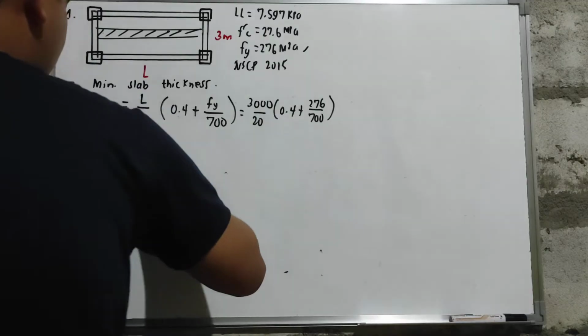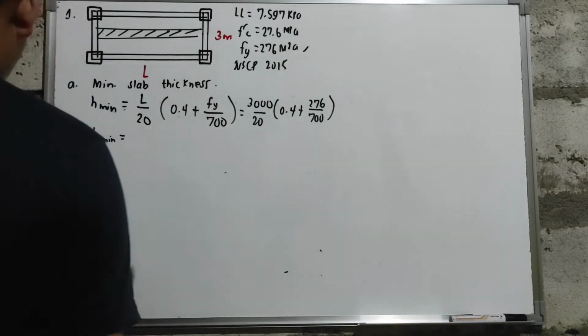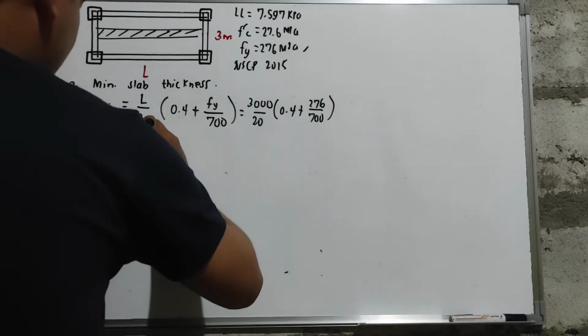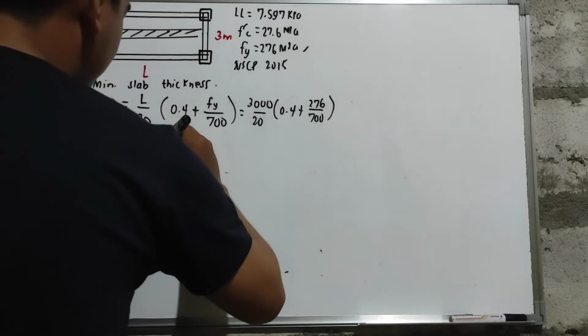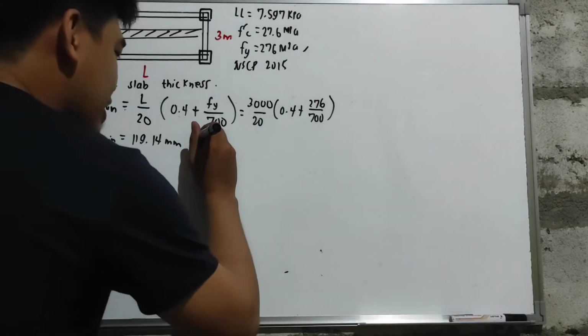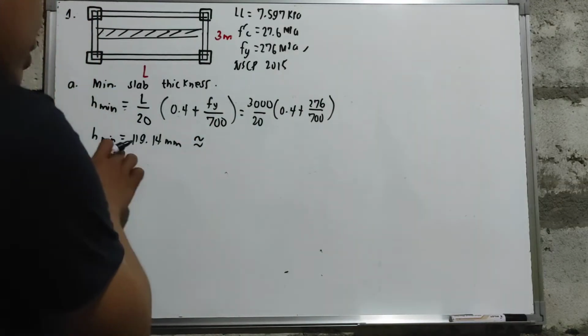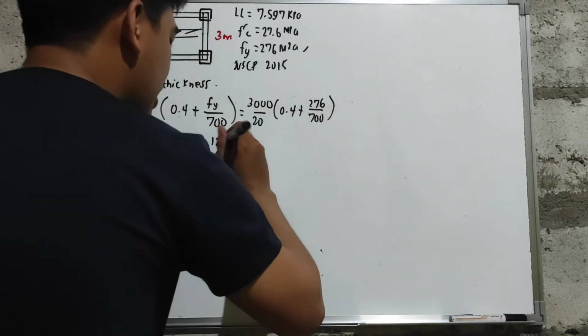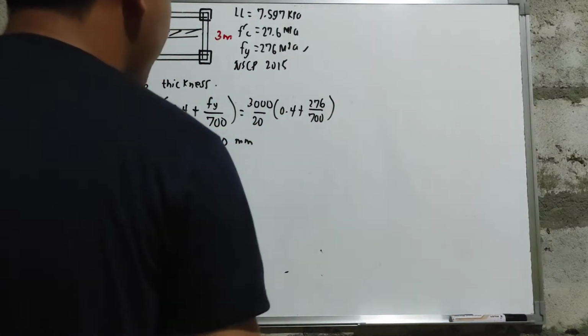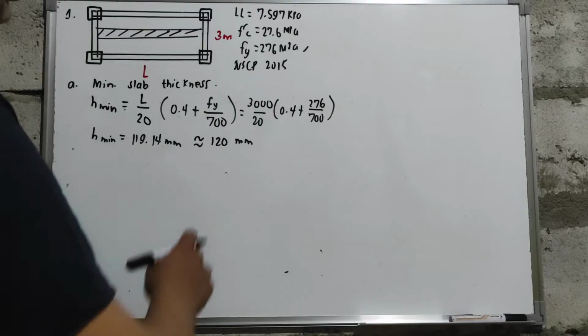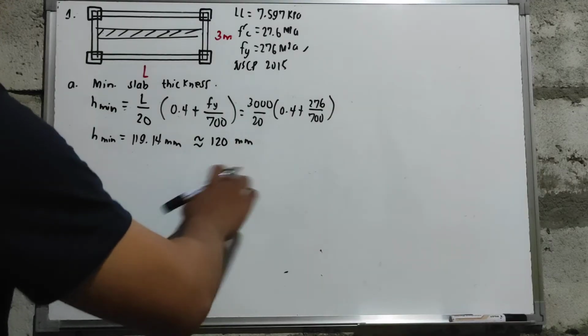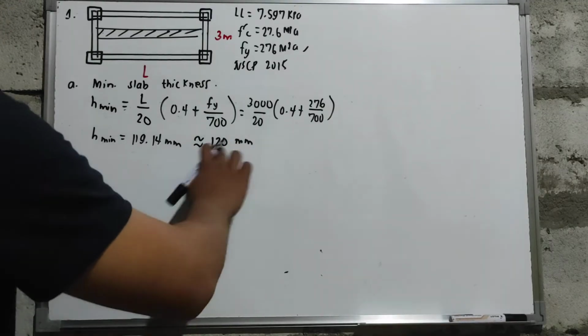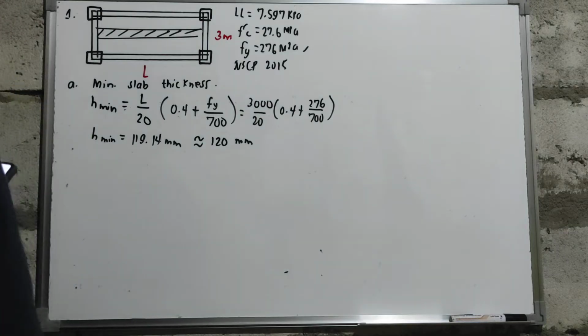So you will have a value of your H minimum which is equal to 119.14 mm. So gagawin natin is round up natin since dimension naman yan. So gagawin natin yung 120 mm. So according to ACI code, yung minimum thickness natin, that is 100. So pasok naman siya din sa minimum. So we're going to adopt the 120.